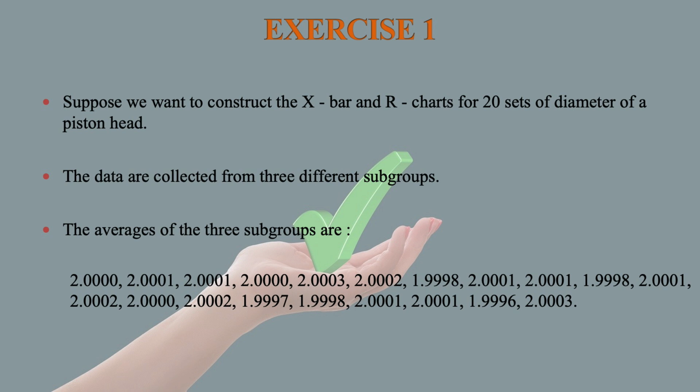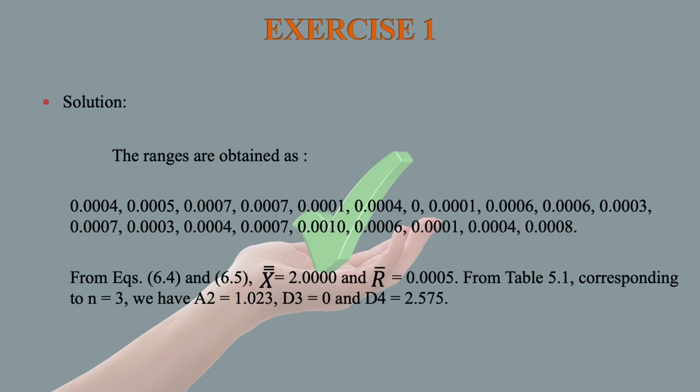The averages of the 3 subgroups are given: 2.000, 2.0001, 2.0001 and so on. So there are 20 sets of data given. The ranges obtained, that is the difference between the highest and lowest in each sample, are given over here after calculating from equations 6.4 and 6.5.